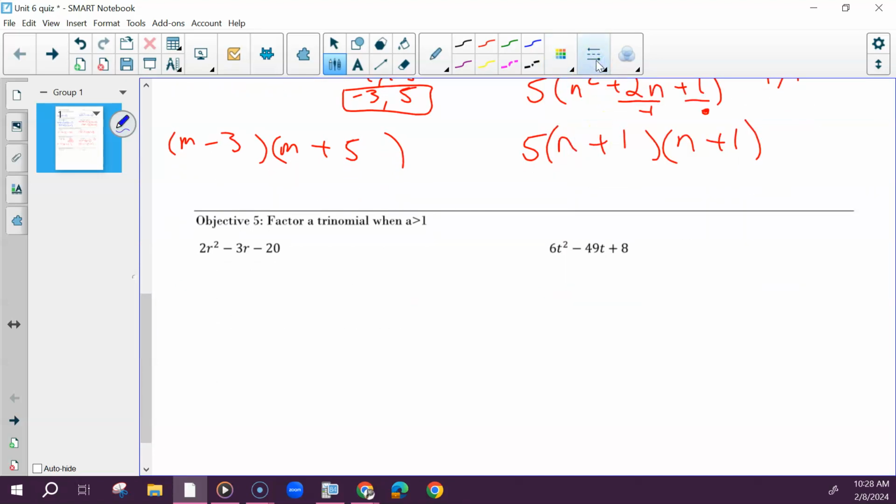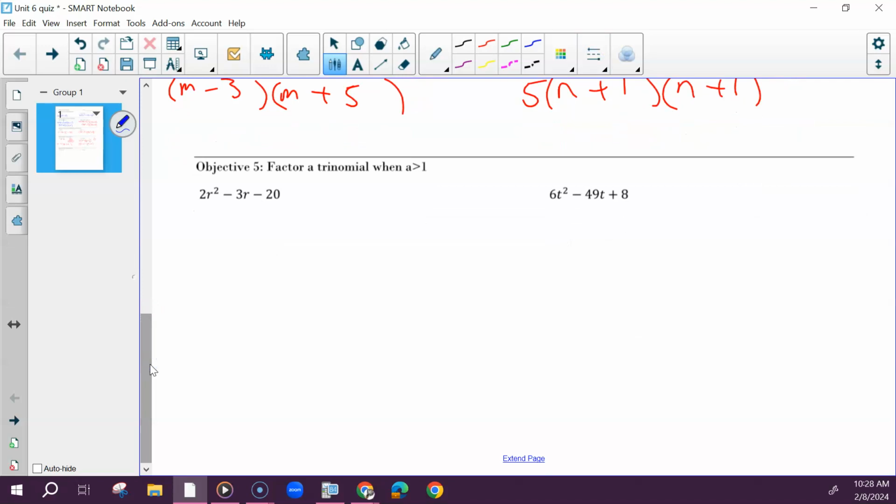Some of us got these and some of us struggled in some of it or just didn't finish. So if you can't factor out the GCF, so always look for that first because it might make your life easier. Then if you still have a number outside of here that's not a GCF in this section, multiply the first and the last.